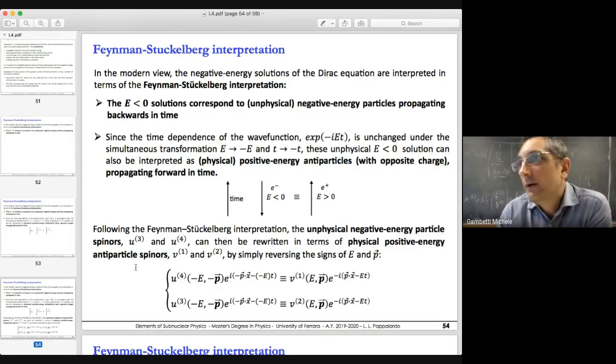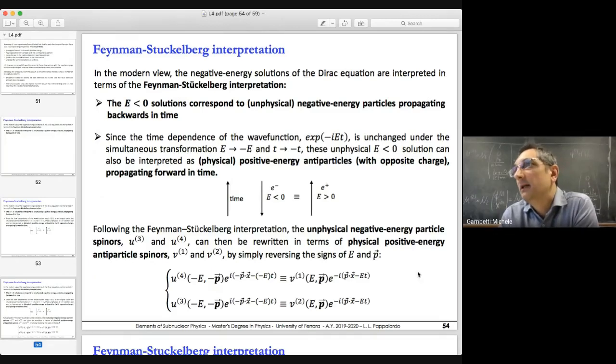Now, of course, we have to reconcile this interpretation with the solution of the Dirac equation. Following the Feynman-Stueckelberg interpretation, the unphysical negative energy particle spinors, u3 and u4, which correspond to negative energy, can be written in terms of physical positive energy antiparticle spinors that we will call v1 and v2.